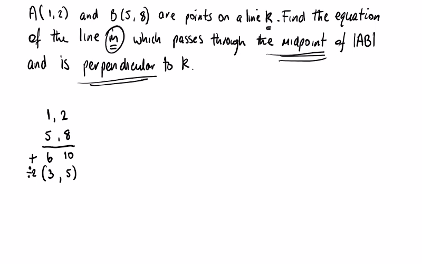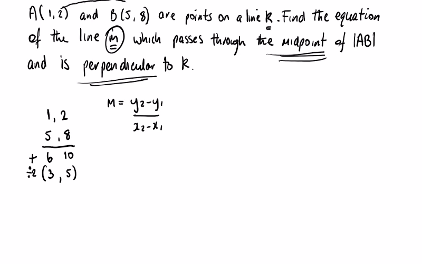Now we need to find the slope of the line M. Now if you want to use the formula here, slope y2 minus y1 over x2 minus x1, but it's great to know what's actually happening here. It's the change in y. y2 minus y1.